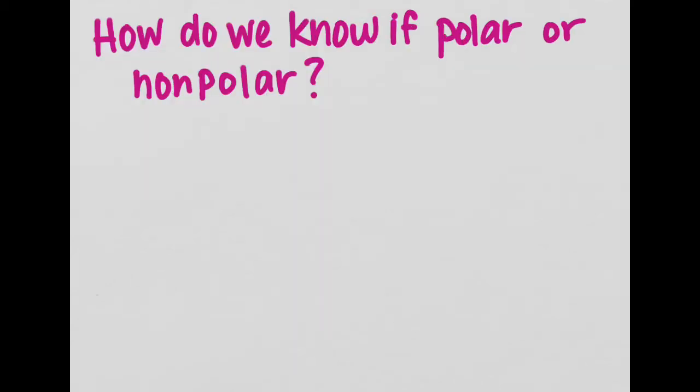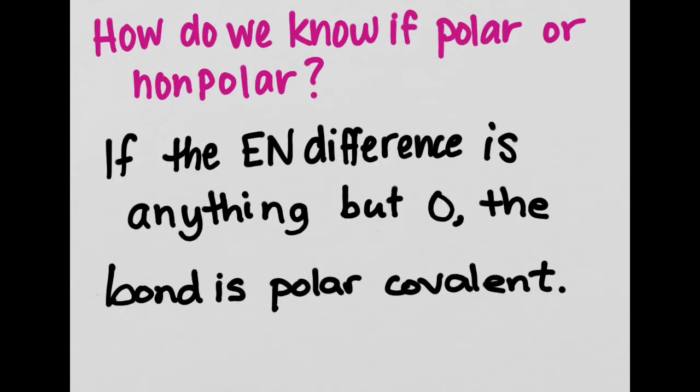So the follow-up question is, how do we know if something's polar or nonpolar? If the difference between the electronegativities is anything other than 0, then we know that we have a polar covalent bond. Let's look at what that means in terms of chlorine.